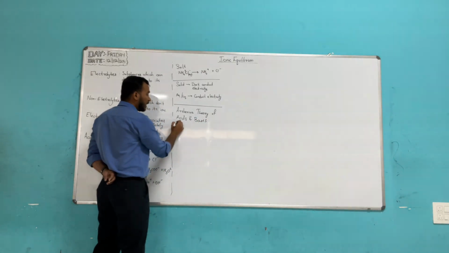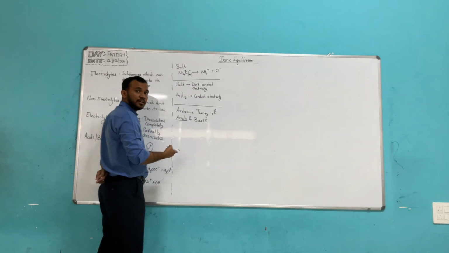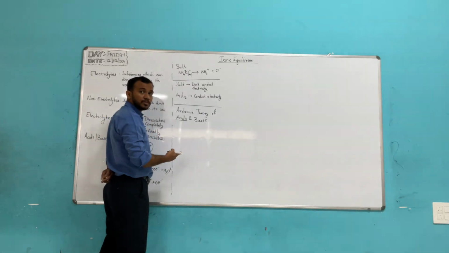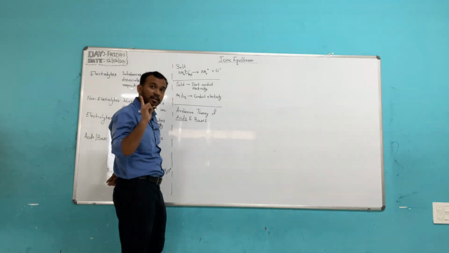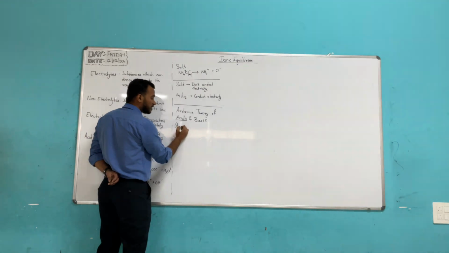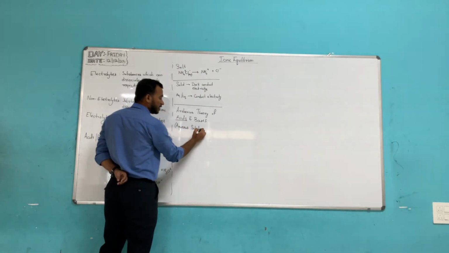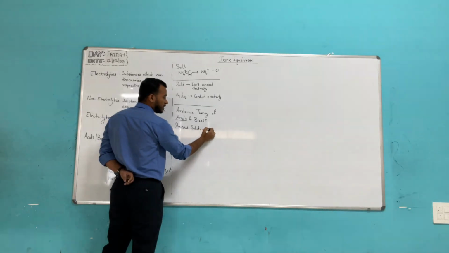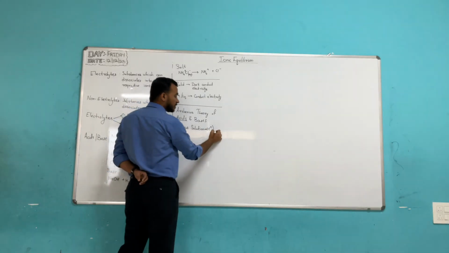It is telling you that acids are the substances which can dissociate and produce H plus ions in their aqueous solution. Aqueous solution is the condition. They will produce H plus ions. If they are producing H plus ions, they are known as acids.